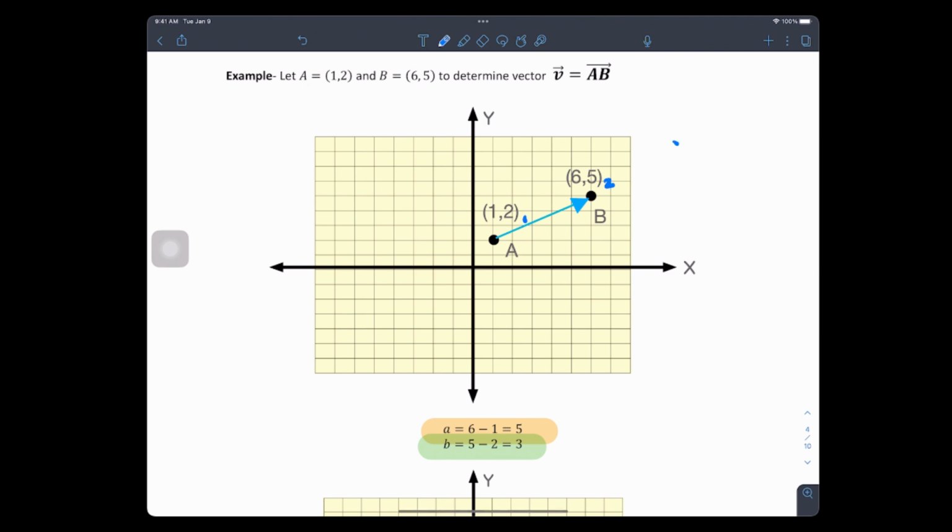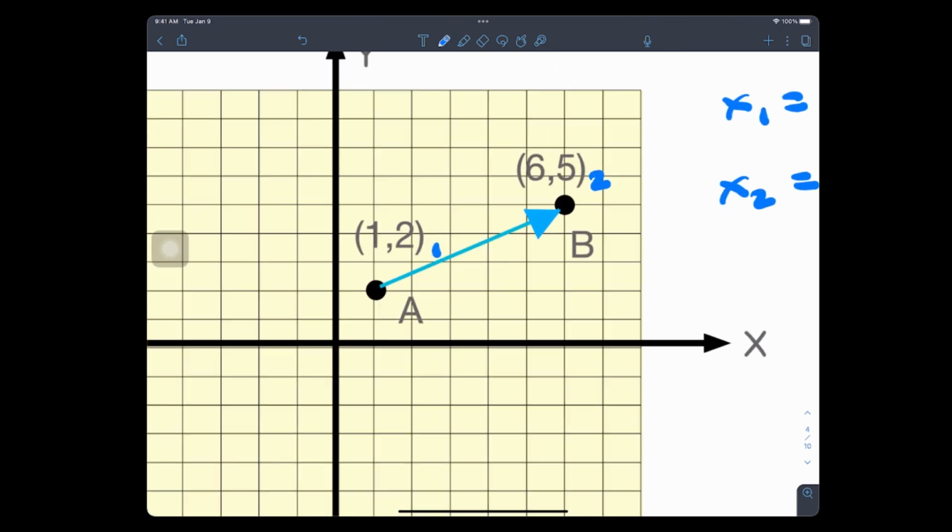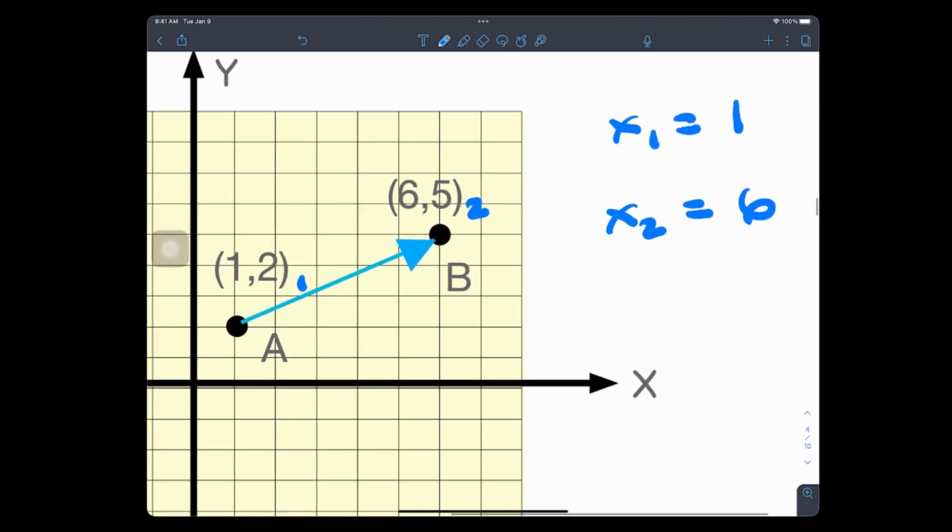So you might say, okay, x1 is 1. Is that right? x2 is 6. Take a look. This is where it's coming from.